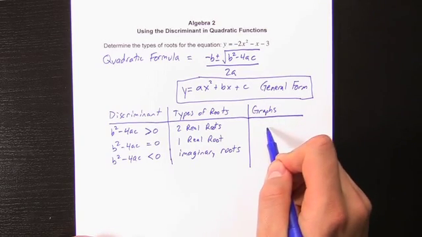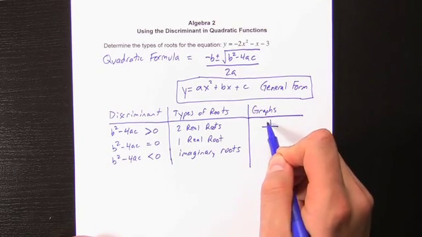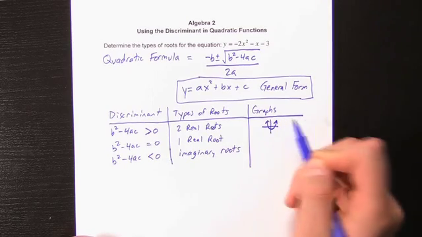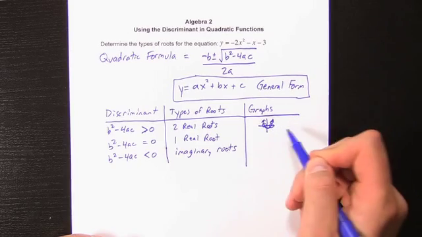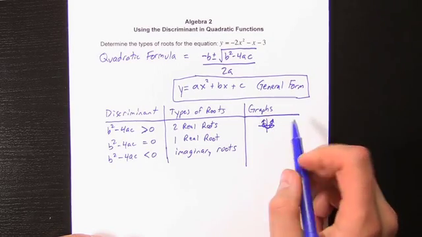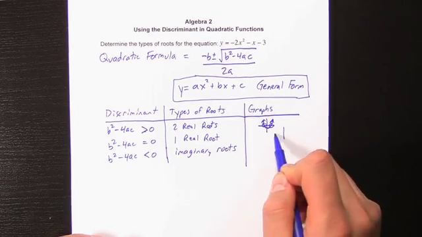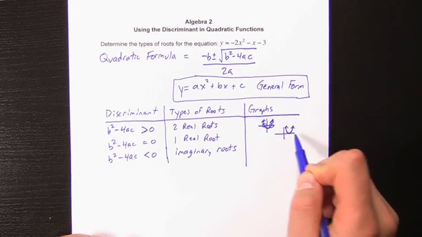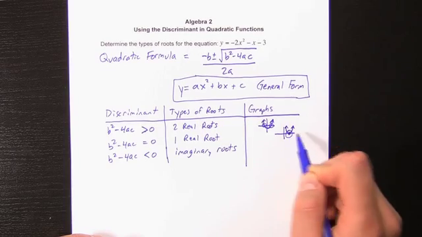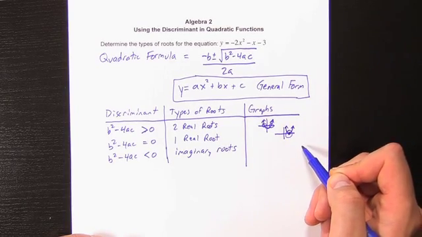So if you had two real roots, a quick graph of two real roots would be something like this, because you would have 2 points that cross the x-axis. If you had one real root, basically the parabola would come down and it would touch the x-axis at a single point.